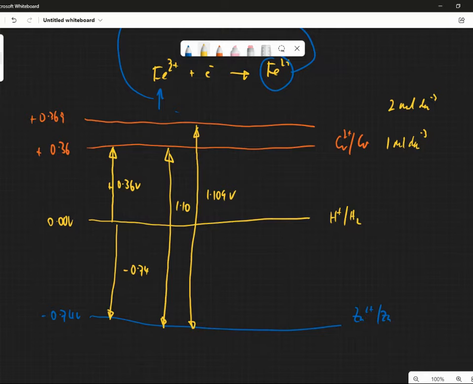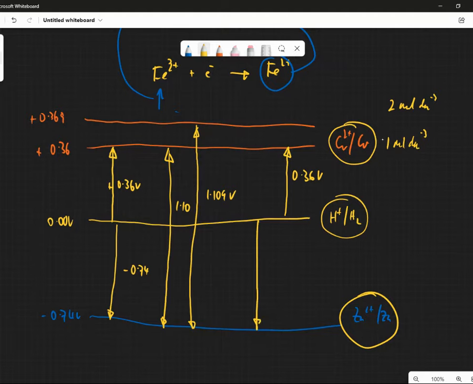Oh, darling. All right. So listen, if I hook up the copper system to the hydrogen system, what electrode potential will I get? I'll get an electrode potential of 0.36 volts. If I hook up the hydrogen system with the zinc system, I'll get an electrode potential of 0.74 volts.